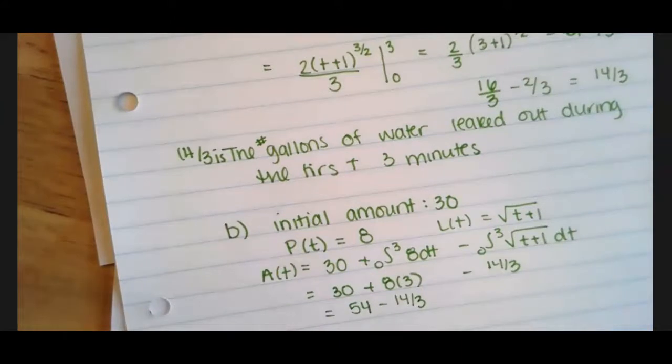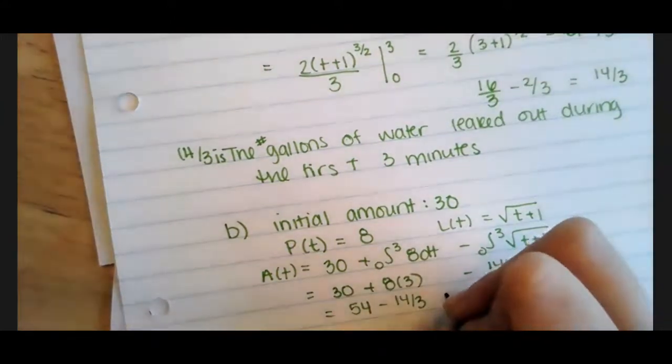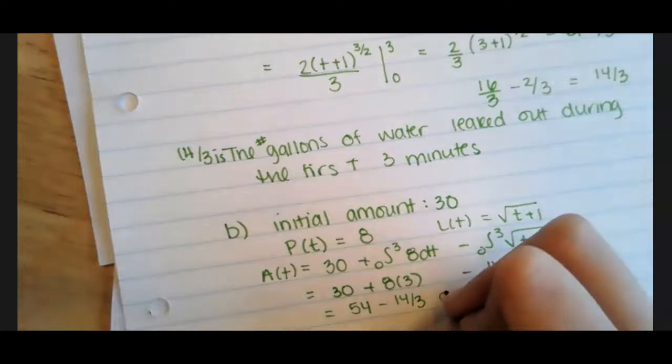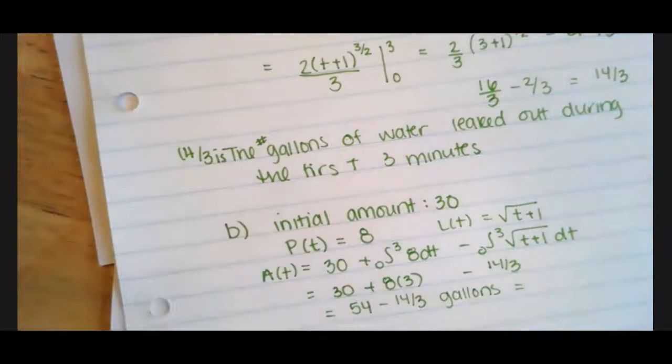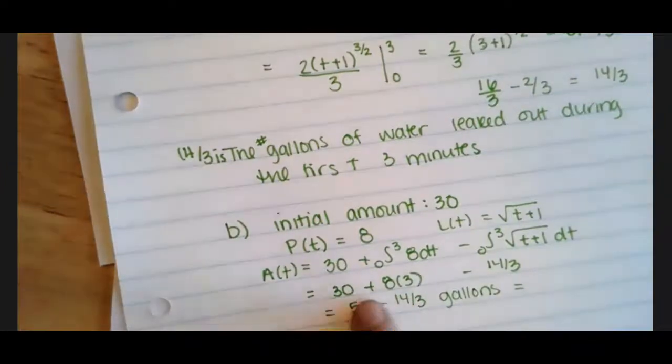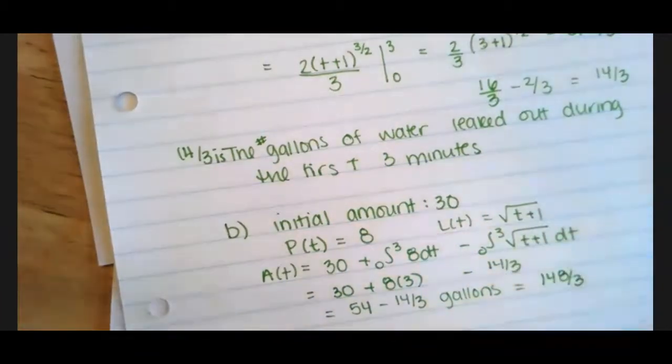So the amount of water or gallons left in the tank would be 54 minus 14 thirds gallons. Or if you're like me and you really don't like it looking like that, you could take 54 times 3 and then get a common denominator, subtract 14, and you get 148 thirds.